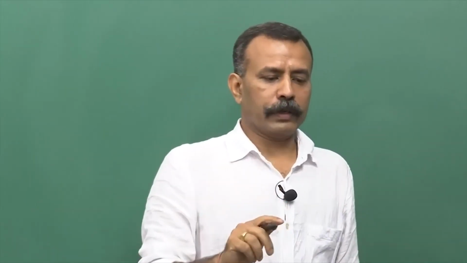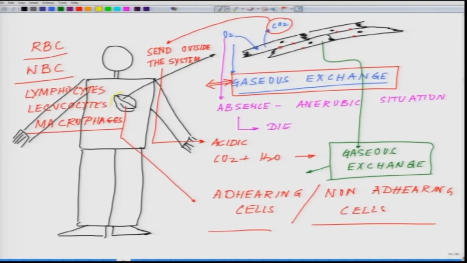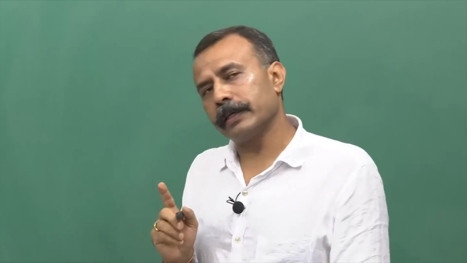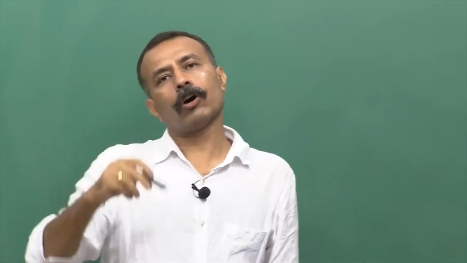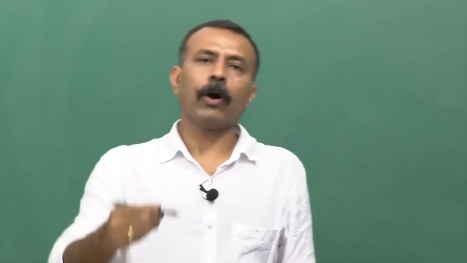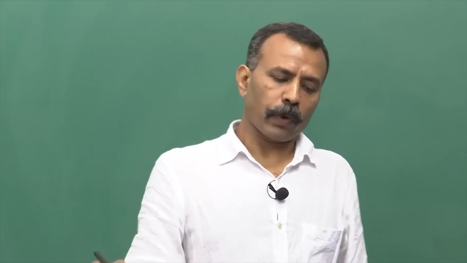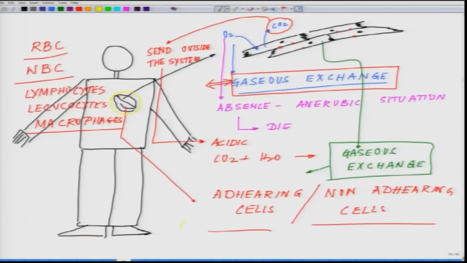So think of it: the hard tissue which is growing out here is exposed to blood, and that blood contains a lot of non-adhering cells moving through. Say this is a non-adhering cell.